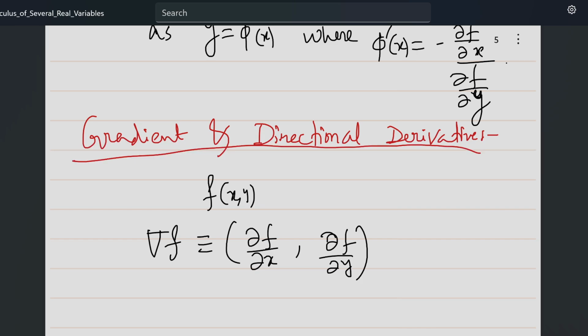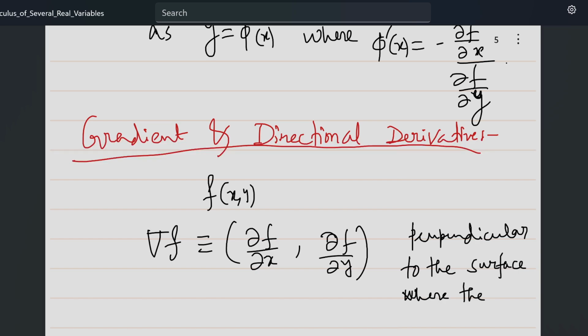Direction is perpendicular to the surface where the function is lying, not always a plane. So suppose you are given any f(x, y) equal to 0, this type of curve, and you have to find the outward unit normal.